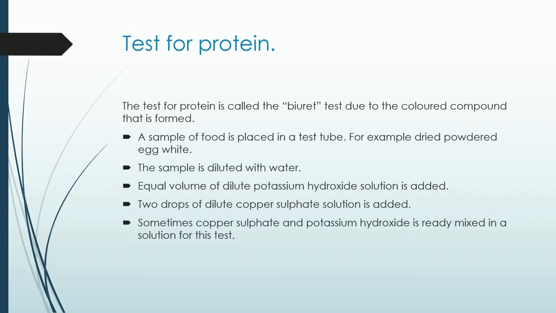So you can buy this solution to do a protein test on a sample. Anyhow, after you add the copper sulfate solution, if a purple, lilac color develops, it means that there are proteins present in your sample.